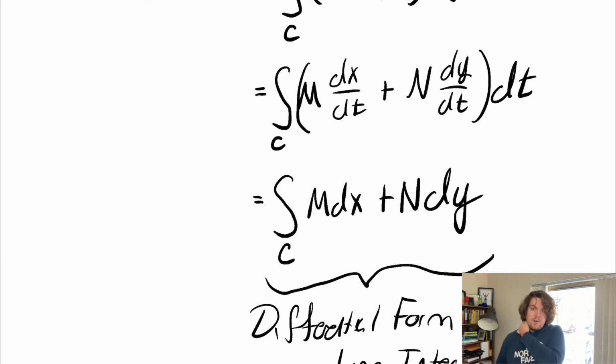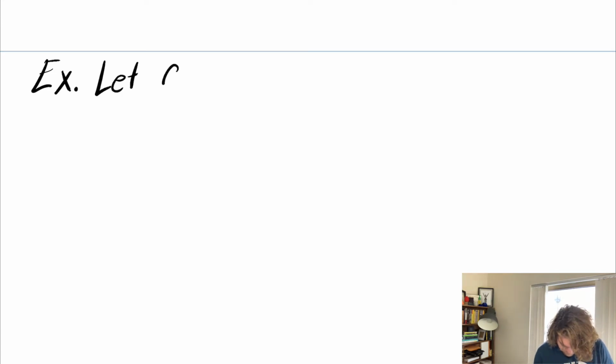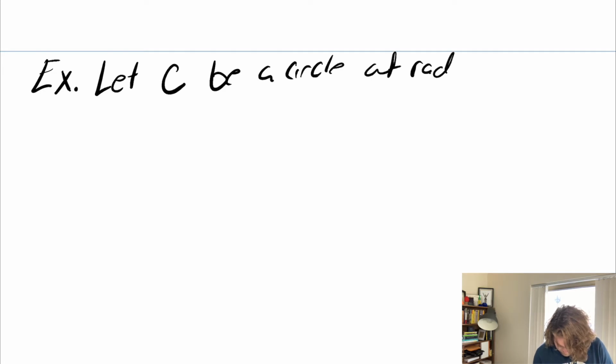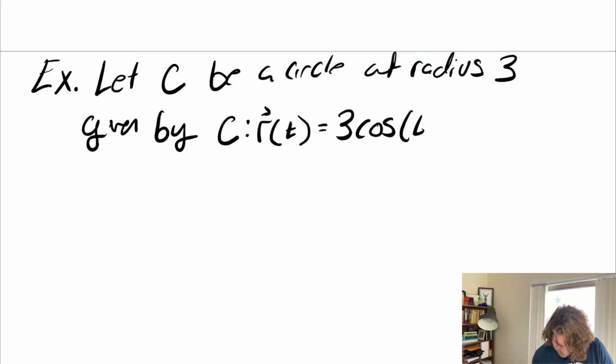Let's see if we can actually evaluate a line integral in this differential form. Let C be a circle of radius 3, given by the vector valued function r of t, which is going to be 3 cosine of t in the i direction, plus 3 sine of t in the j direction.